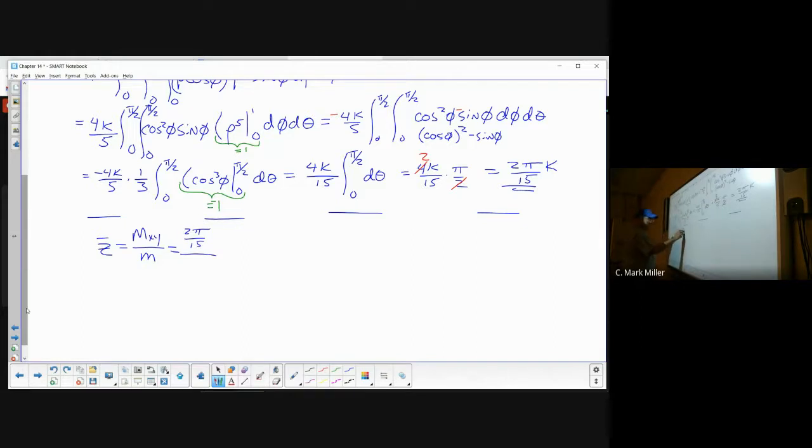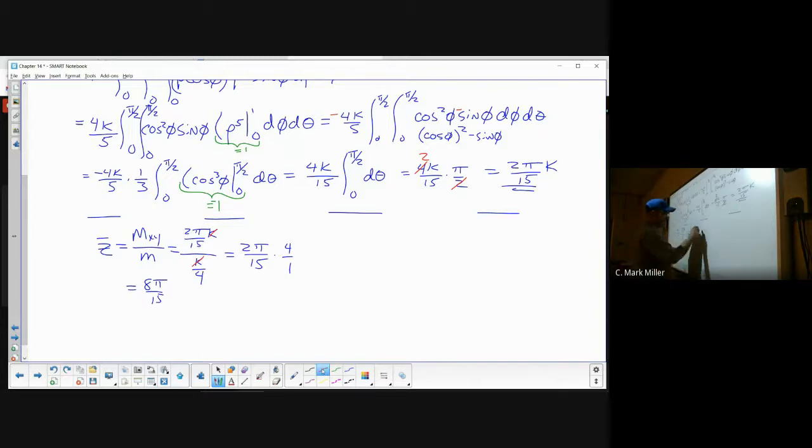That means we dropped a k there. And that's k over 4. And that is going to be 2 pi, the k's go, over 15 times 4 over 1. Right? And that is 8 pi over 15.